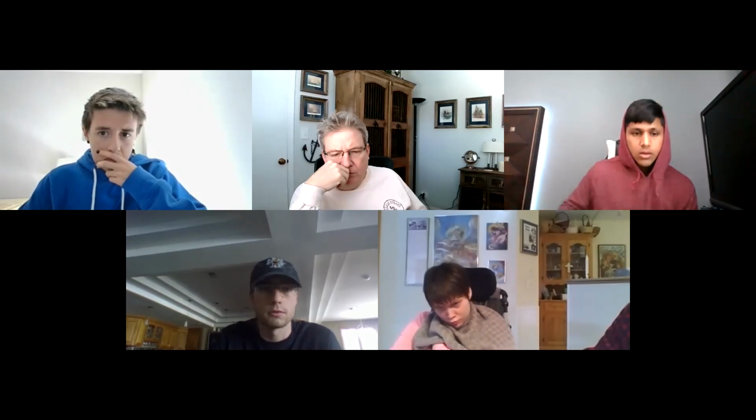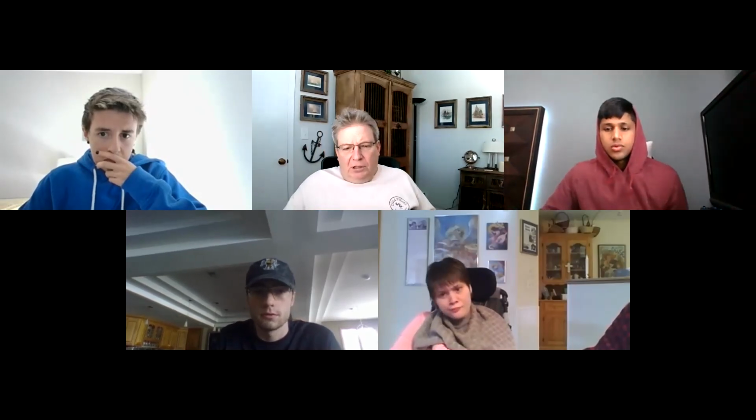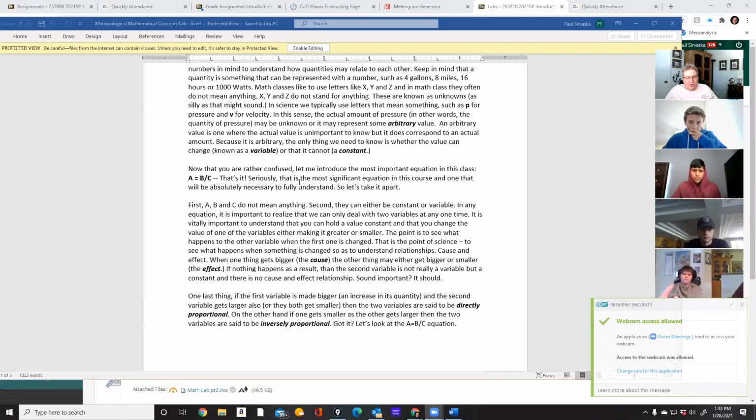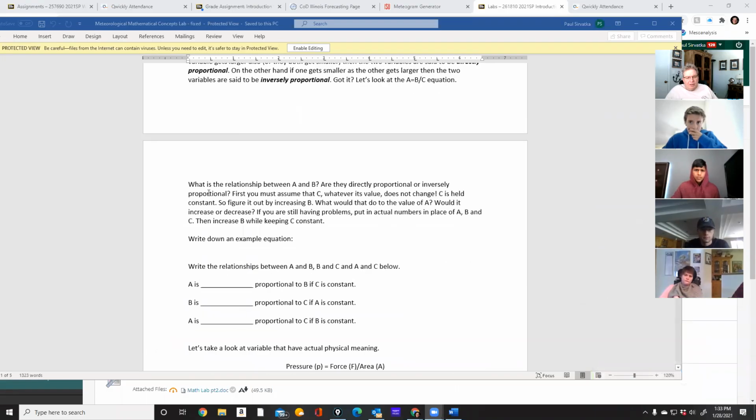We're working on page 2. Can you see my screen? Yes. Right, okay. Did you do this? Would that be A equals B over C? Well, that's not an example.